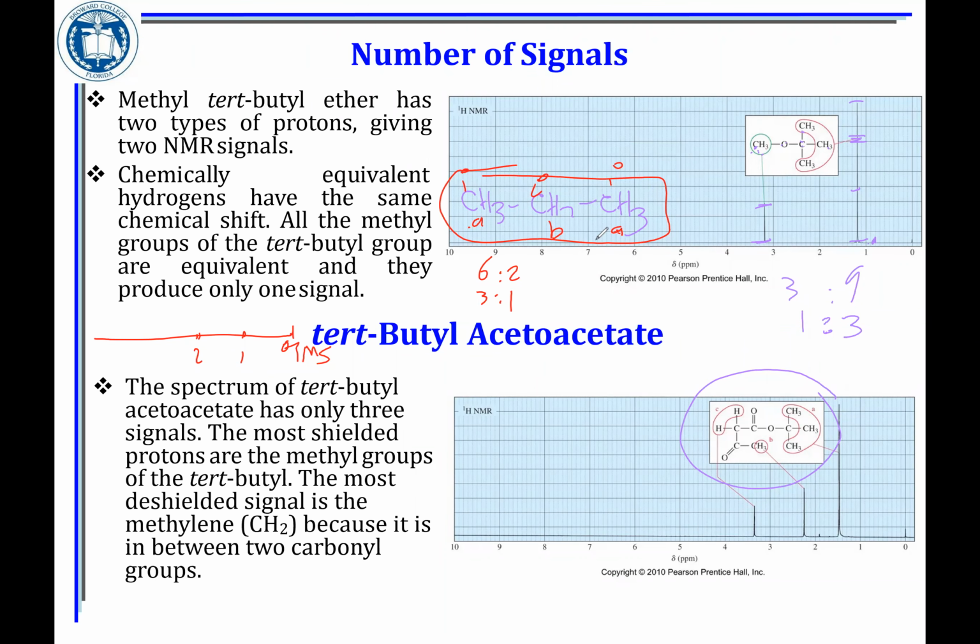If you remember from the previous slide, the CH3 from alkane was at 0.9. So I'm going to have a peak here for the CH3. For CH2, it was 1.3. So I'm going to have a peak at 1.2, 1.3 here.